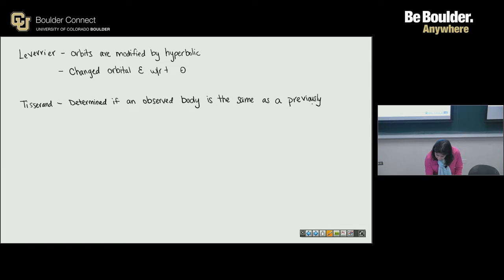So if you could take some measurements, you could see, well, is what we just saw the same asteroid we saw before? And he came up with Tisserand's criterion.